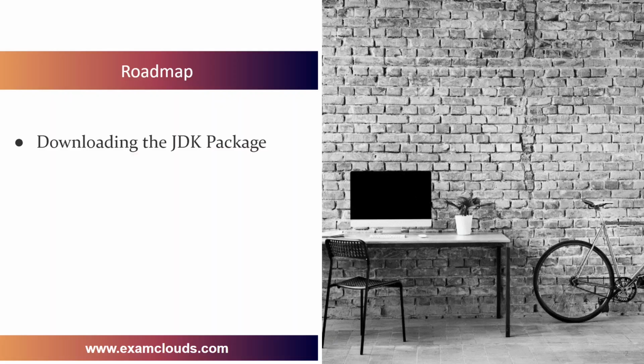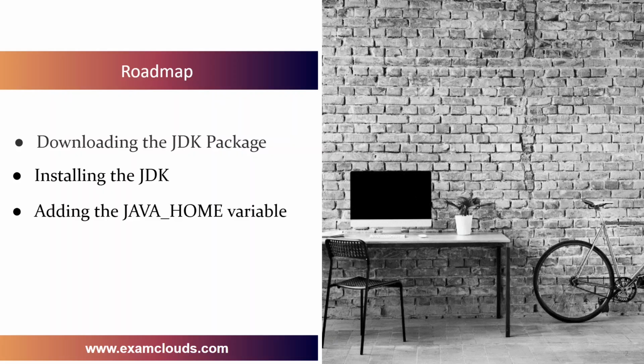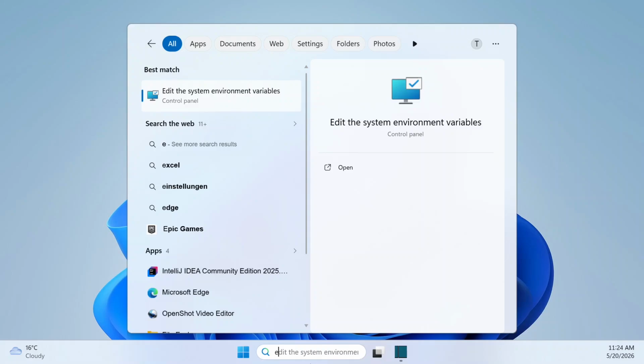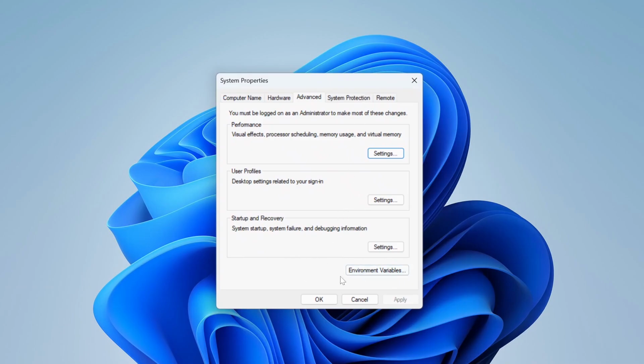So, what we did, we download and install JDK. Our next step is adding Java Home and update path variables. To do it, let's open System Environment Variables window. Here we press Environment Variables.